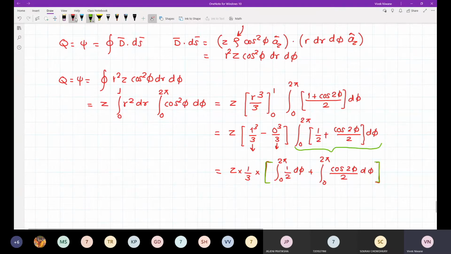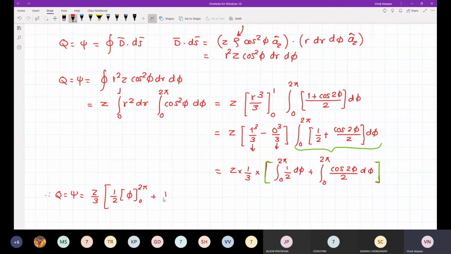So you are going to solve this term. Let me write it from the left-hand side. Therefore Q is equal to psi, which is equal to z upon 3, and we have a square bracket over here. 1 by 2 is a constant and inside we have phi; the integration of d phi will be phi.